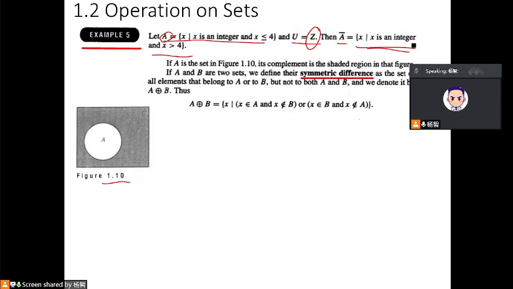This is another operation, and it works on two sets. It is the set of all elements that belong to A or B, but not both A and B. We denote it by this symbol, like the symbol of union but with a circle. This is the symmetric difference.